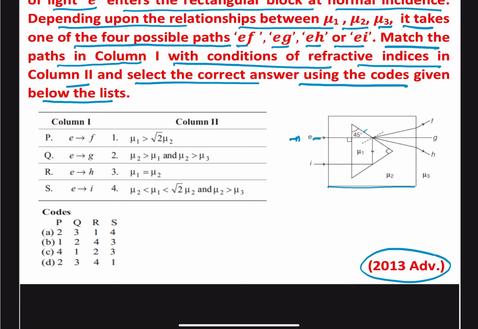But since the incident ray is perpendicular to the rectangle block, nothing much can be done by the rectangle block except making it go through at a perpendicular angle. And so the entire manipulation will be done by the prism depending upon the refractive index combination. Three of the paths pass through the prism as well as the block to the right side, and one is totally internally reflected, that is our I. Okay.